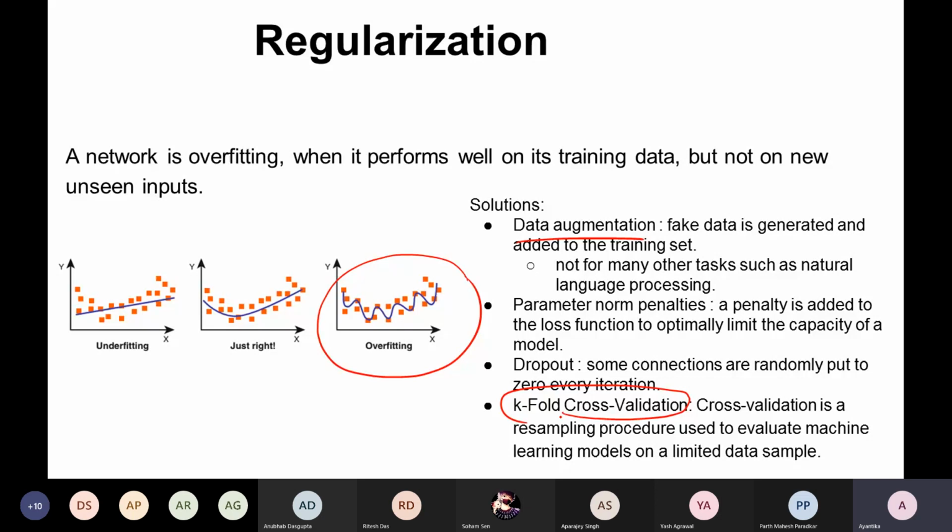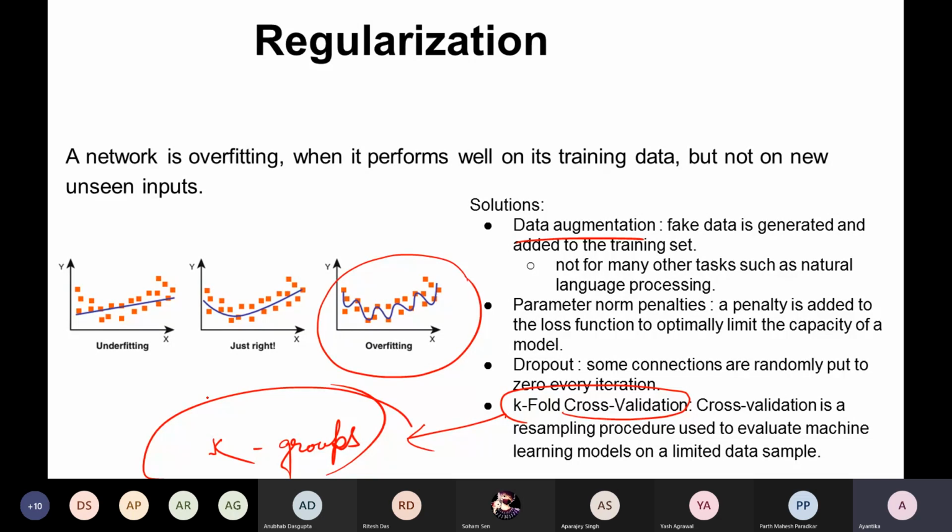We sometimes term it k-fold cross validation. K signifies the number of groups. That means in your training data itself, you are splitting the data into k groups, and that is where the term k-fold cross validation comes from. Some of the groups you treat as training data, and the rest as test data.